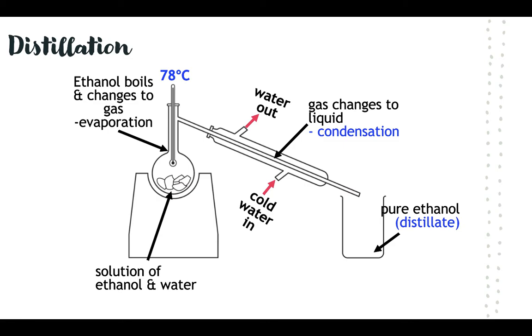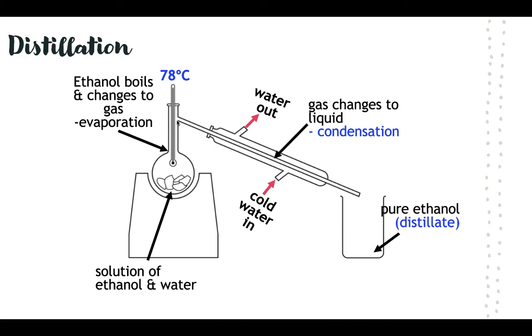So I'll run through that again. Distillation is how we separate mixtures in the form of liquids into their different compounds. What we have here is a solution of ethanol and water. We use a heating mantle to heat the solution to 78 degrees C. At this point, ethanol will boil and become a gas. It evaporates.